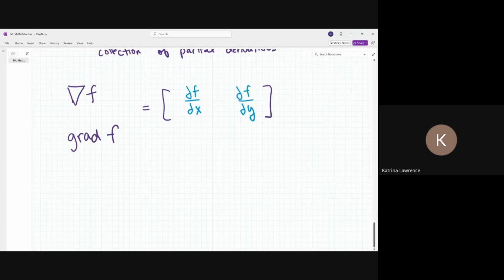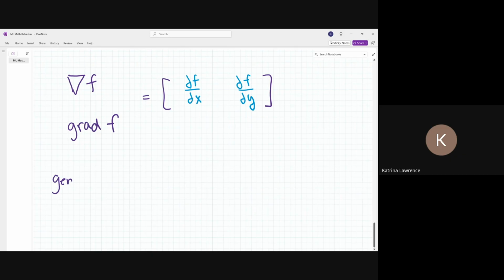So in general, I'll write a general equation.